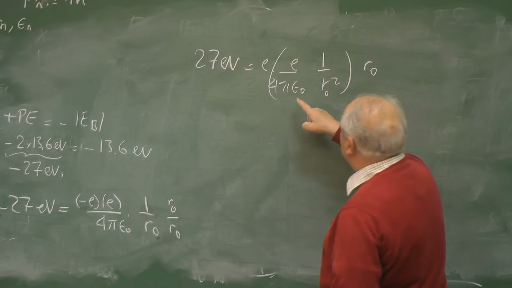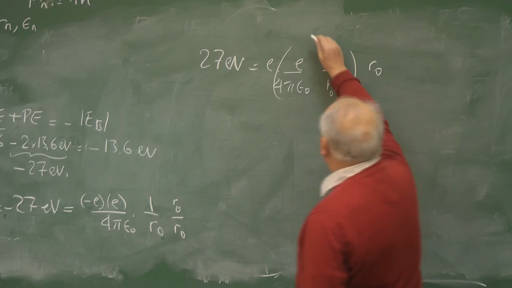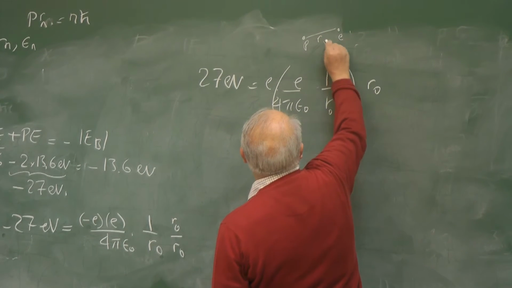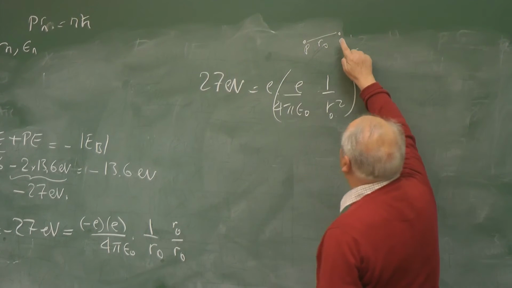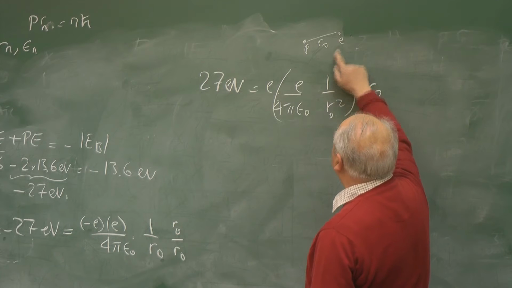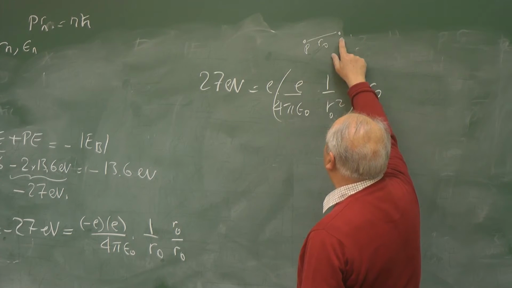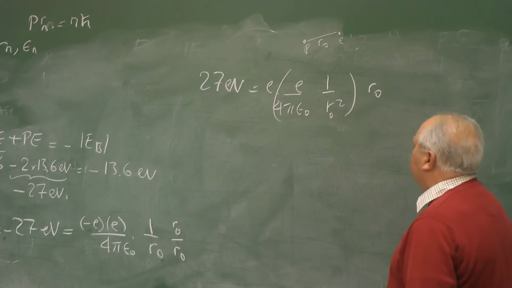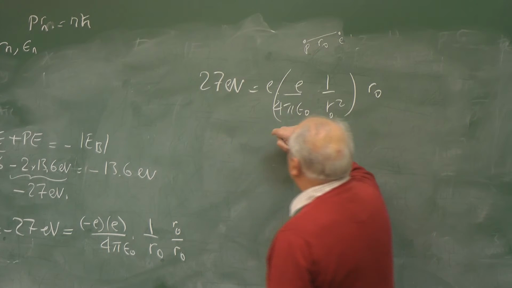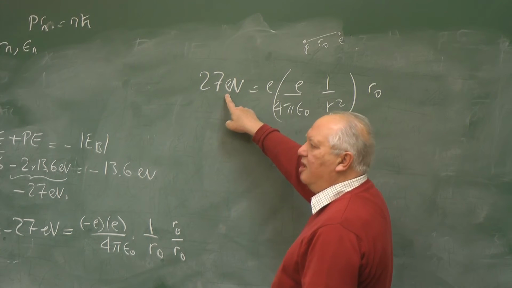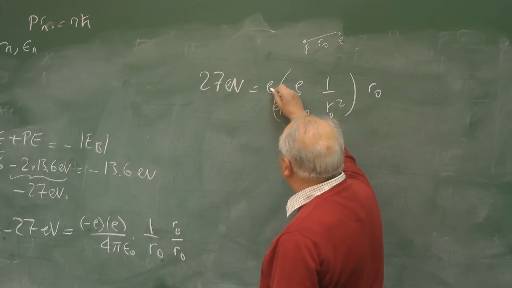If you notice, this is the proton, here is the electron at a distance R0 away. This is the electric field at the position of the electron. Electric field due to the proton at the position of the electron. So this is electron volt, namely electronic charge times 1 volt. So this is the electronic charge.